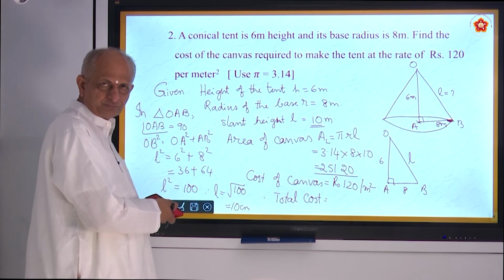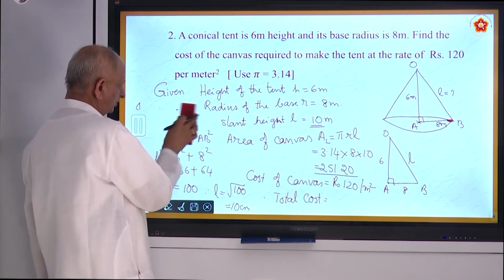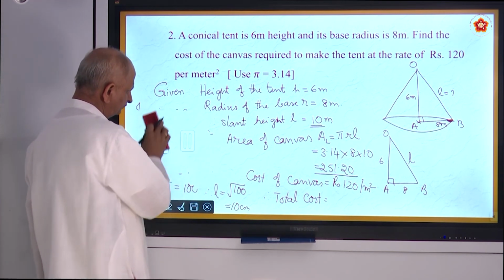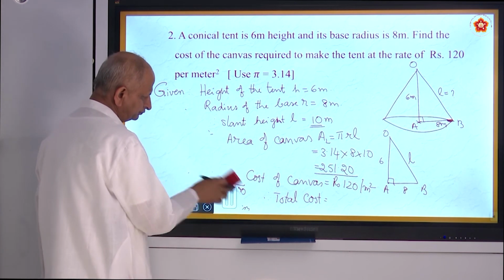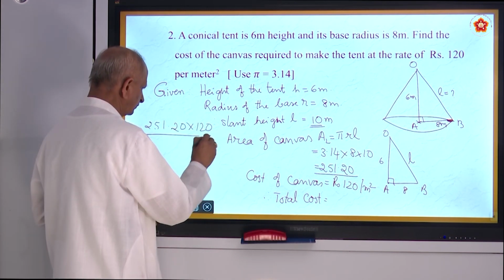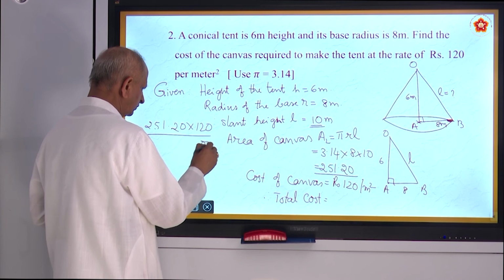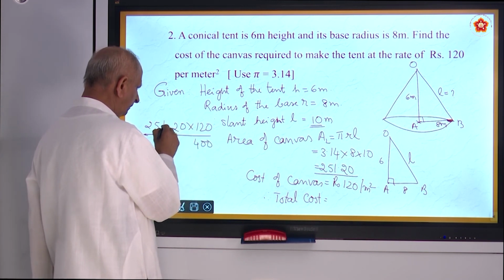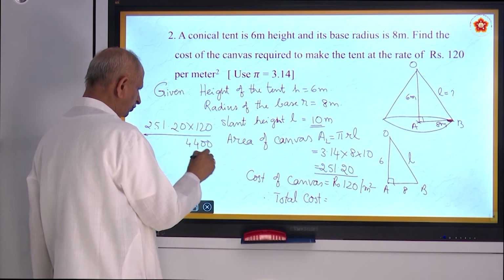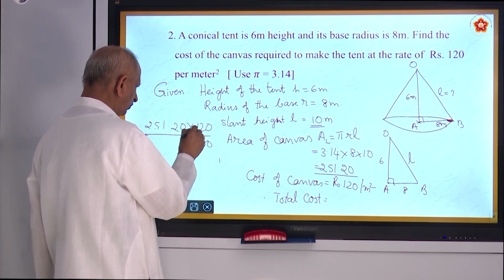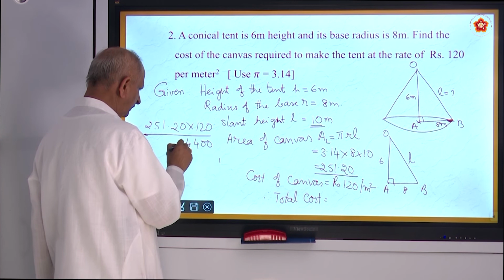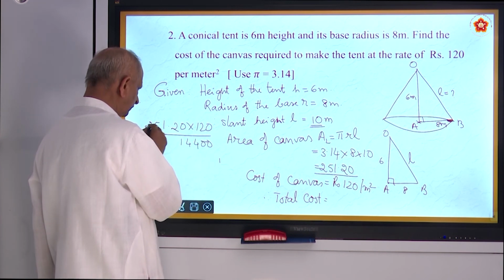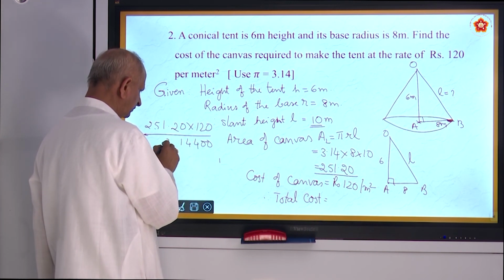Okay, I'll write here. 12 2s are 24, 12 1s are 12 plus 2, 14, 12 5s are 60 plus 1, 61, 12 2s are 24 plus 6, 30.